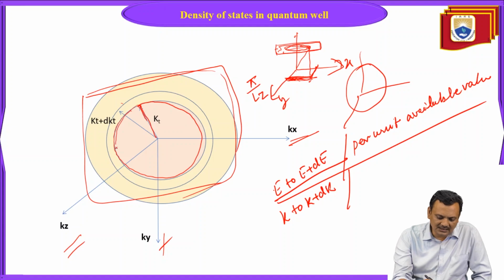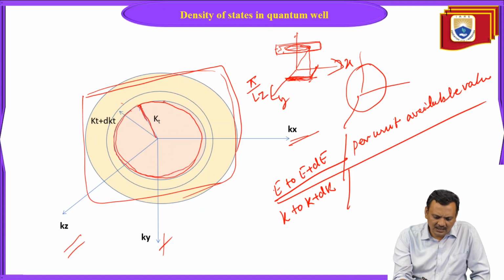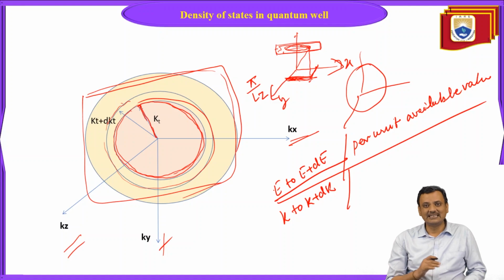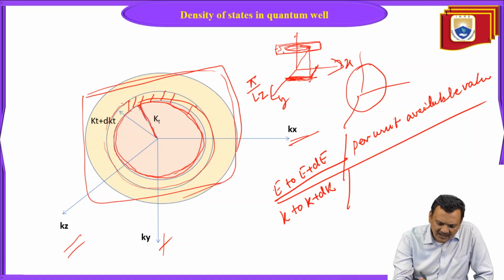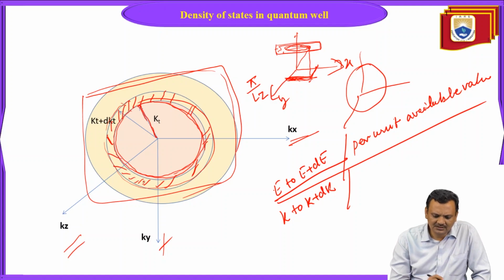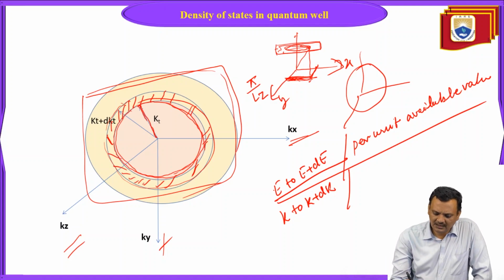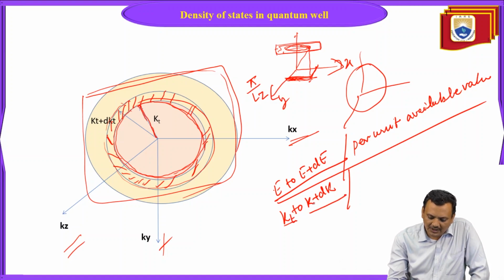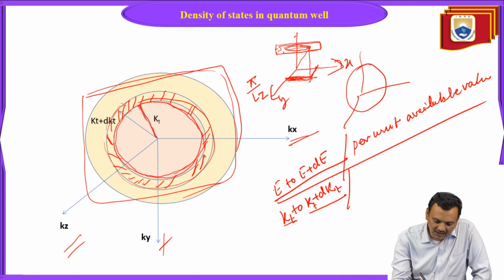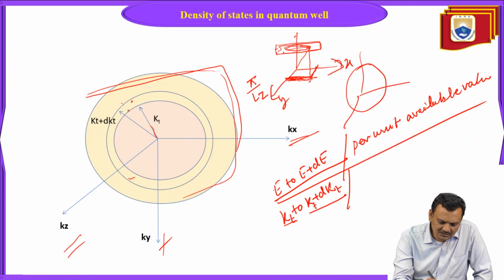So suppose this is the region defined by radius, wave vector Kt. Now this whole region is defined by wave vector Kt plus dKt. So in between, Kt to Kt plus dKt, this shaded region is governed by the K to K plus dK region.